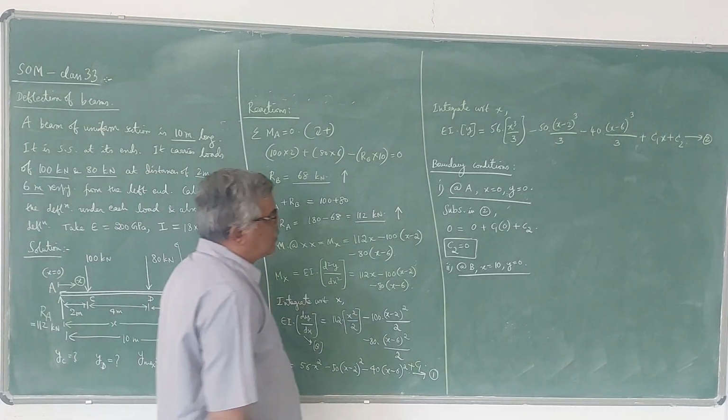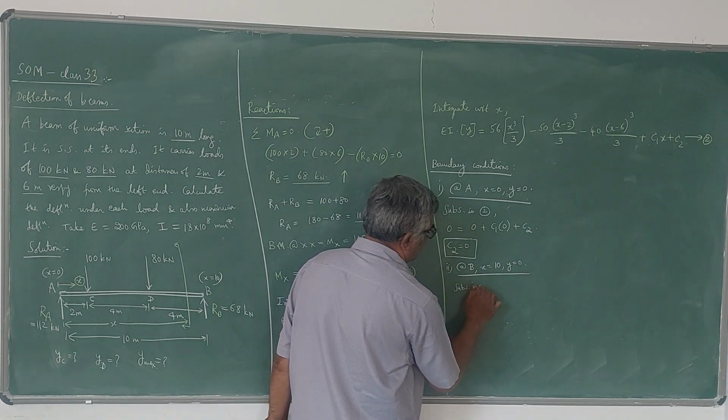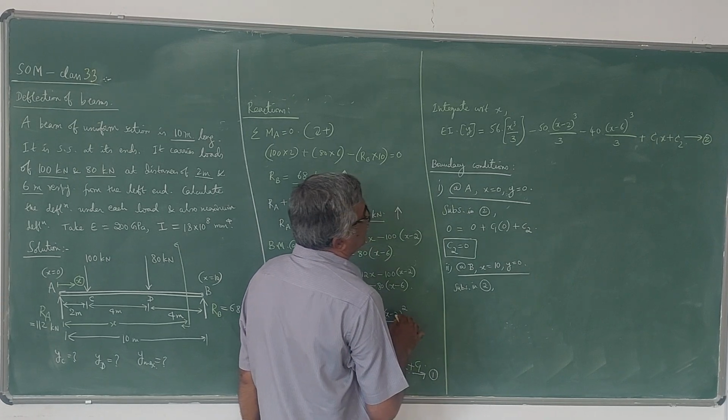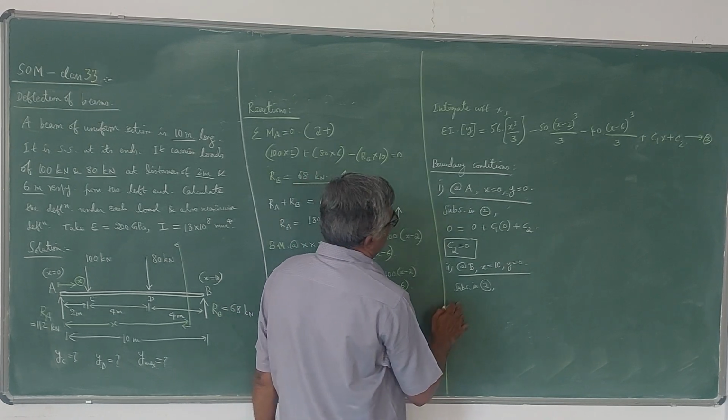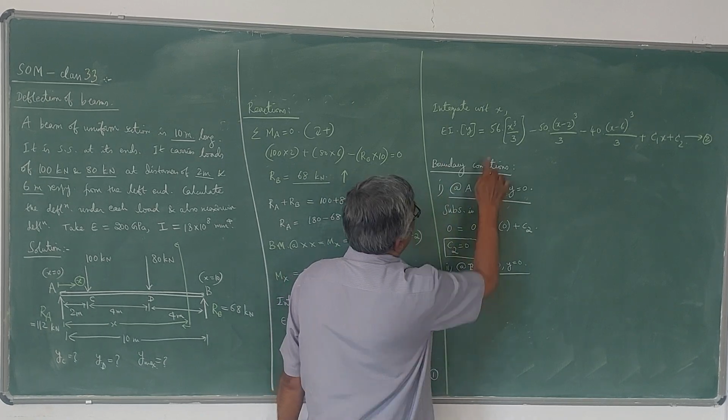If you substitute this once again in equation 2, the LHS once again is 0 because y is 0.